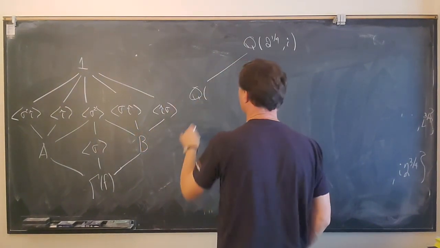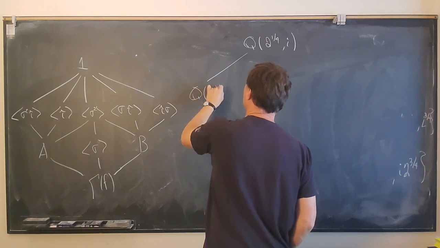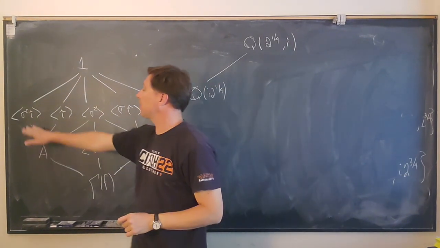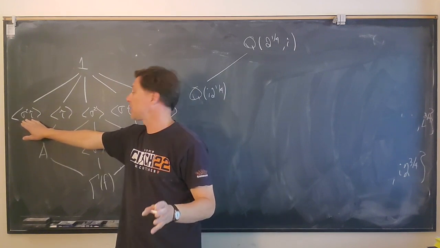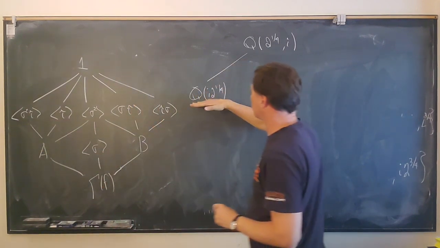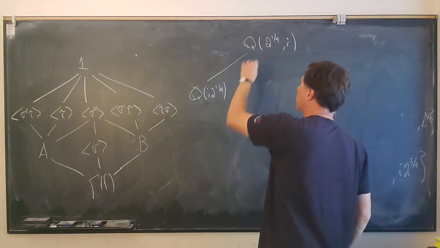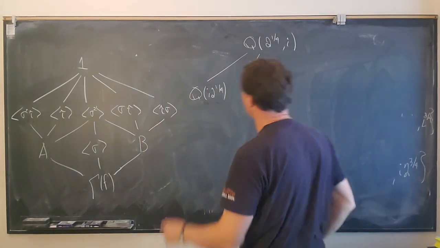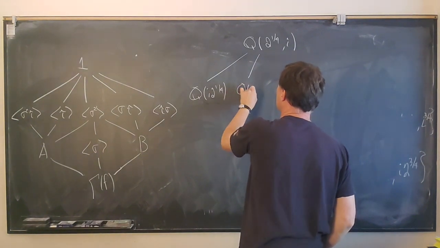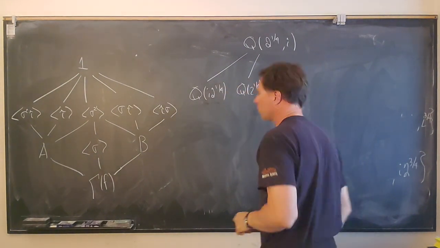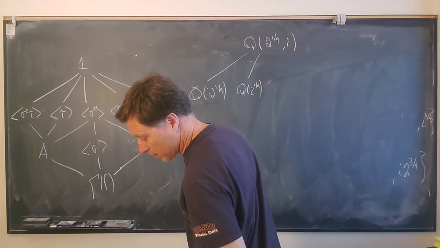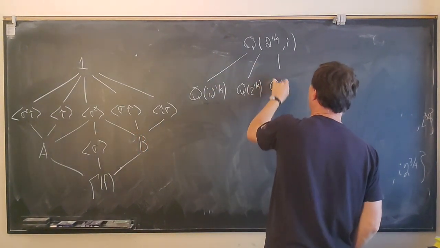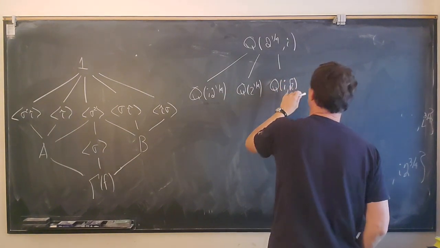I2 to the 1/4. So what this is saying is that the fixed field of sigma squared tau, or the subgroup generated by sigma squared tau, is equal to Q adjoin I2 to the 1/4. Then we get Q adjoin 2 to the 1/4. Right in the middle, we have Q adjoin I and square root of 2.